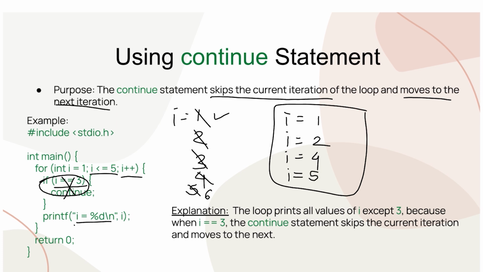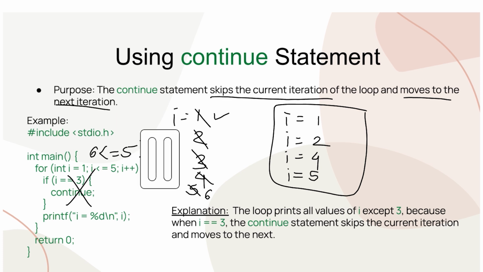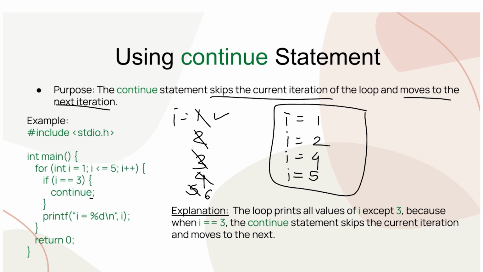Now 6 is not less than equals 5, so the condition is false and it stops executing this for loop. So this is how you get the output here: I equals 1, 2, 4, 5. It is skipping the iteration of the third number because it is testing to true and asking to continue. So this is how continue will help to skip the current iteration and jump to the next iteration.